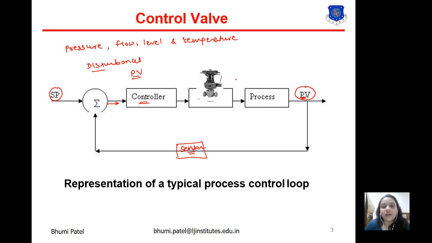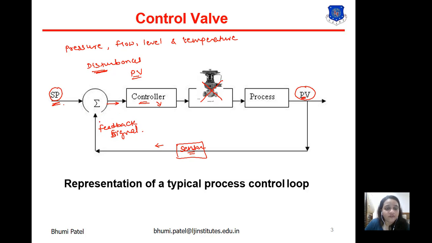So first of all, in the closed loop system, you already know we cannot connect the control valve directly. Whenever the disturbance is generated, a sensor provides some information through the controller and generates a feedback signal which goes to the summing point, and the other input of the summing point is the set point.